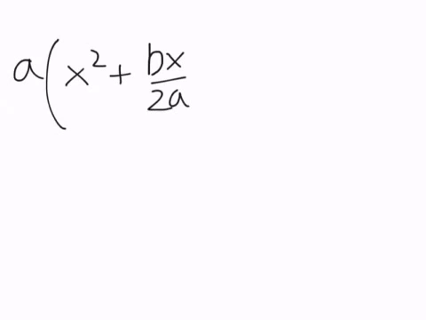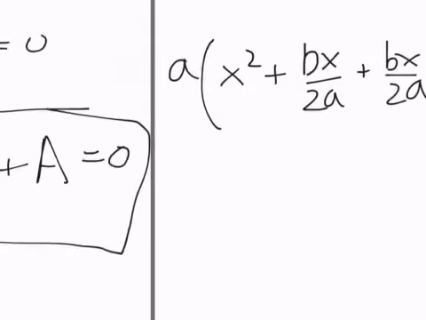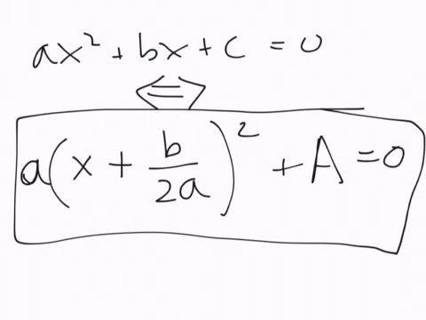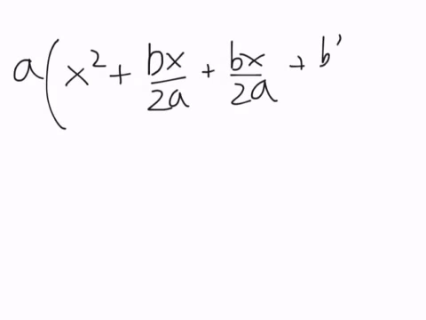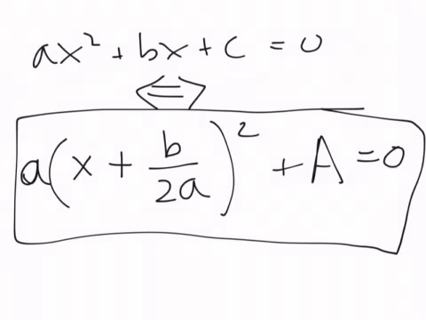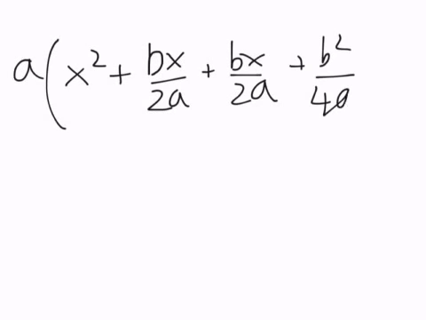When we open it out, we end up getting ax squared plus bx over 2a plus bx over 2a, plus b squared over 4a squared, plus A equals 0.